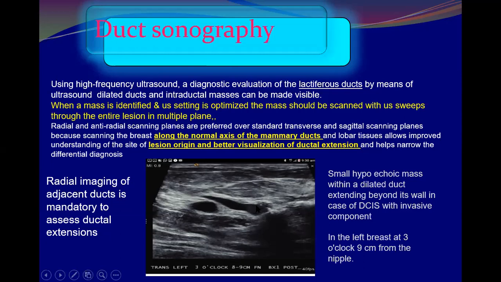This is a duct with soft tissue and calcification breaking through. From the image, I can raise the possibility of invasive cancer because I could see the lesion breaking through the duct and extending into the adjacent tissue. So it is suspicious for DCIS with an invasive component, and it was proven pathologically.